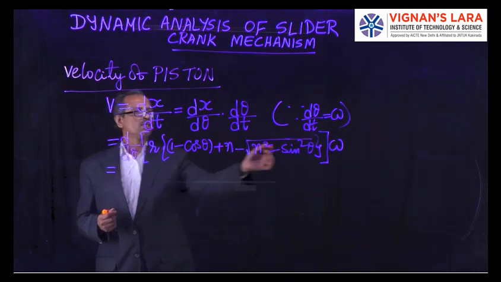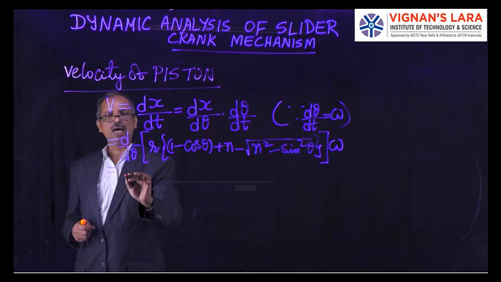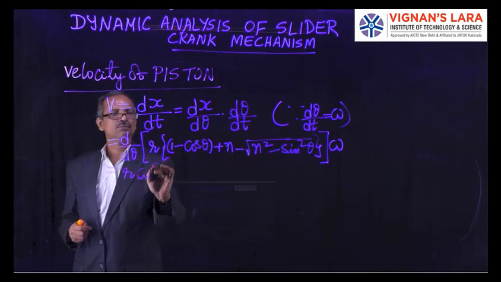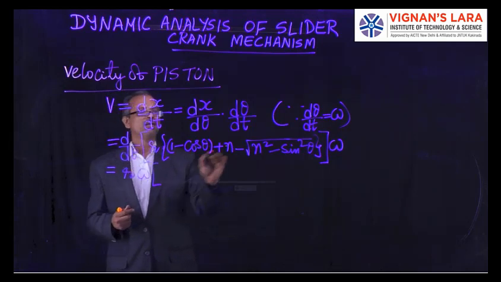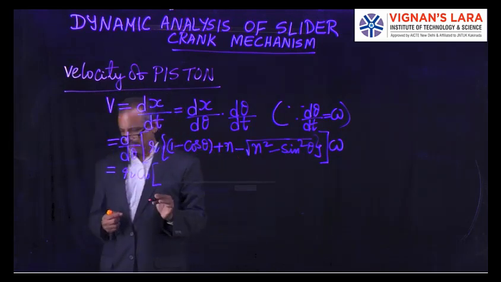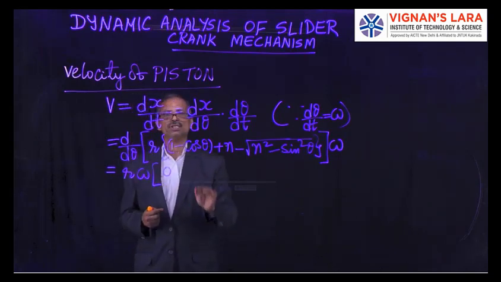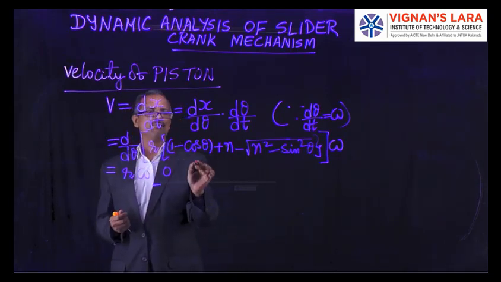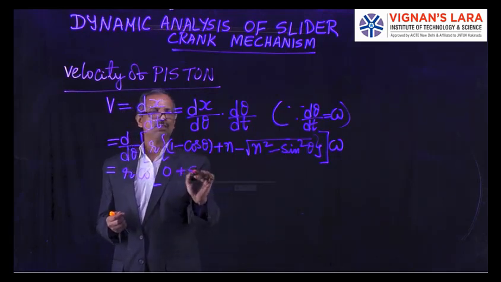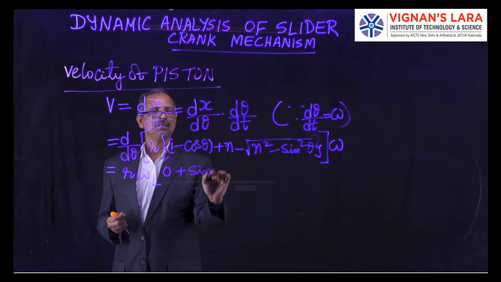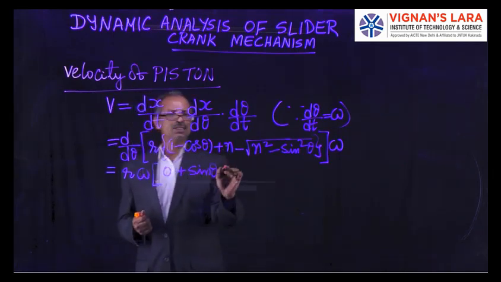So r and omega I will take out. So this will be r omega. Then what is the differentiation of 1? Differentiation of 1 is 0. And what is the differentiation of cos theta? Minus sine theta. Already here one minus is there, so this is plus sine theta. Then n differentiation is 0.